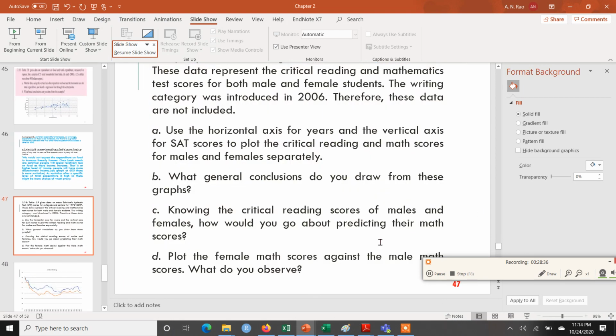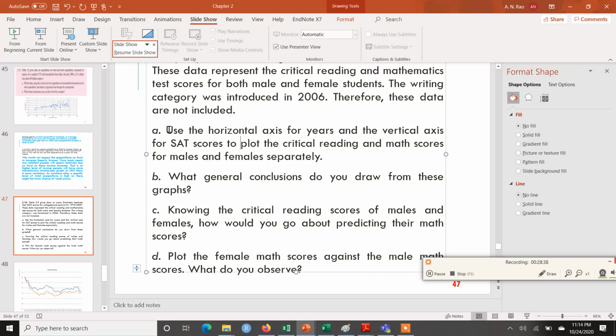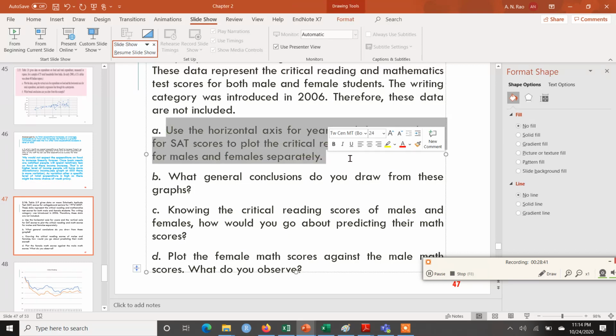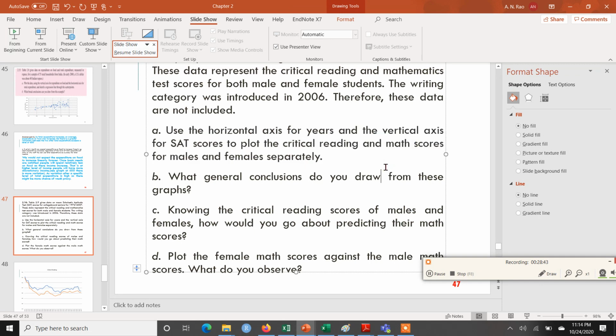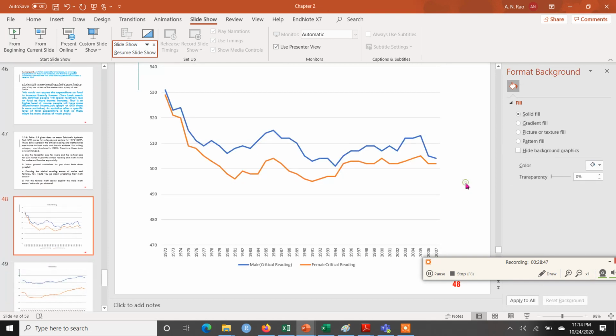Yes, so this is part A which we were discussing, that we have to plot the critical reading for the two genders, and here is the series. You can see that the overall score for the male in the critical reading part remains generally higher than for the females.